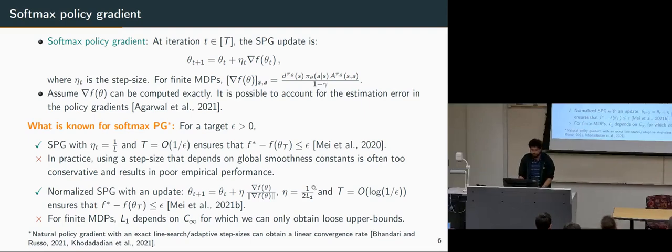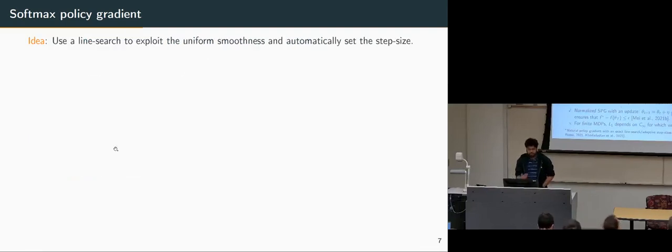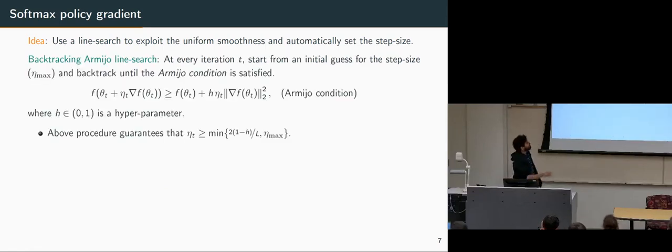Okay, so let's handle the first problem. Using a step size of 1 over L is conservative. If you talk to an optimization person, they will tell you to do a line search. So let's do a line search. This is the standard backtracking Armijo line search, which says that the function value after doing the update needs to be larger than the function value before.